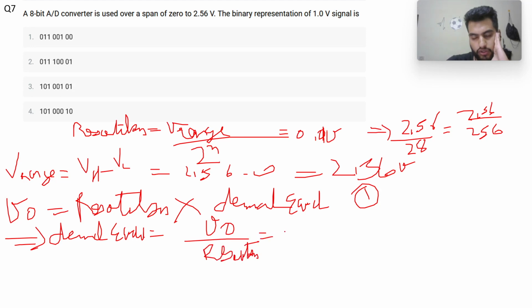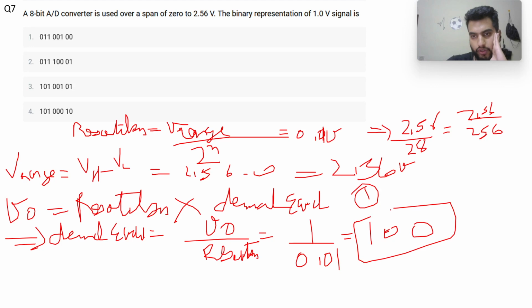V naught is the voltage, that is 1, by resolution 0.01. So 1 divided by 0.01 is simply 100. So the decimal equivalent is 100. Now you need to figure out the binary of 100.